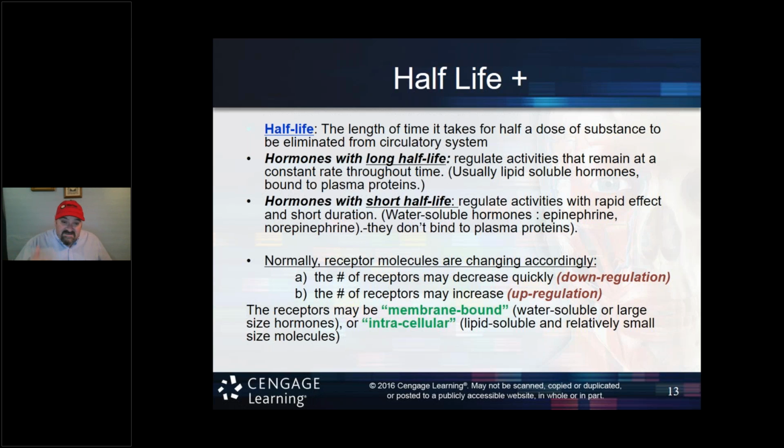If the opposite effect needs to take place, the number of receptors may decrease, and this is called downregulation, reducing the effect of the circulating hormone. More receptors, more response to the hormone. Fewer receptors, a diminished, inhibited response to the hormone.